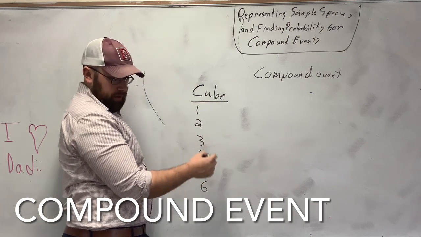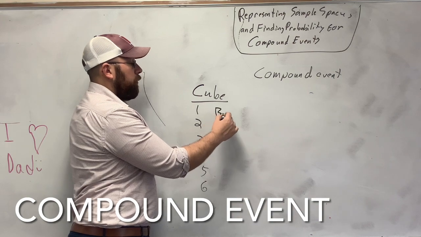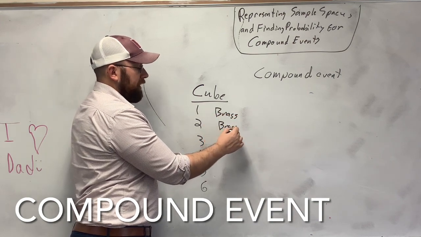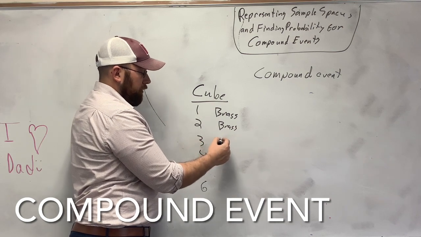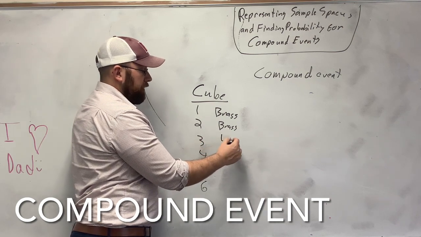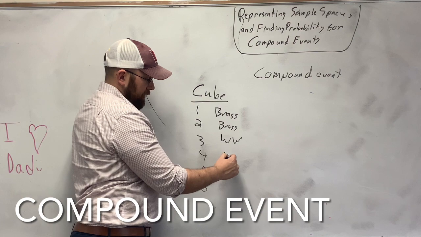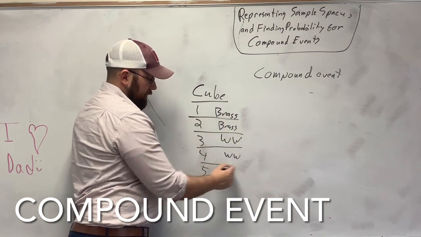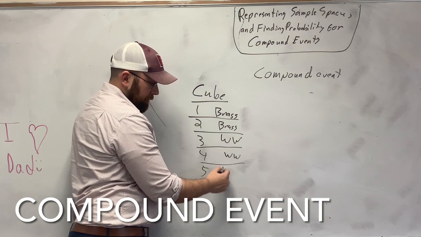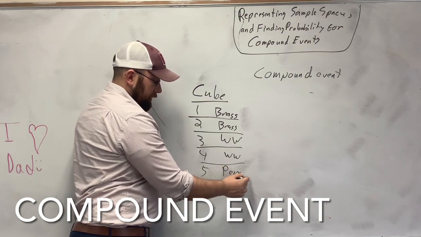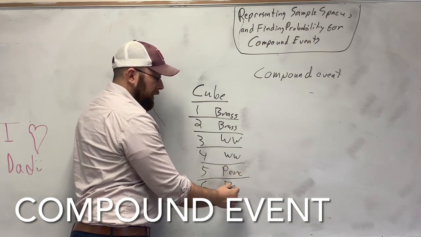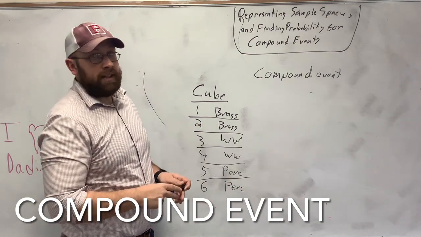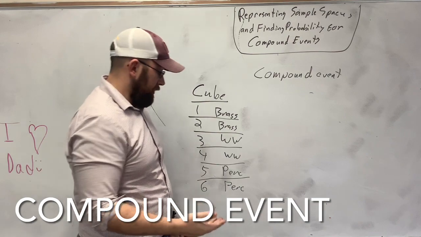Make sure I do this right. If I roll 1 or 2, I'm going to call them brass. 3 or 4, we're going to call that woodwind. 5 and 6, we're going to call that percussion. I'm not going to write it all out because I'm not a good speller. Alright? That's one. That's combining our two events.